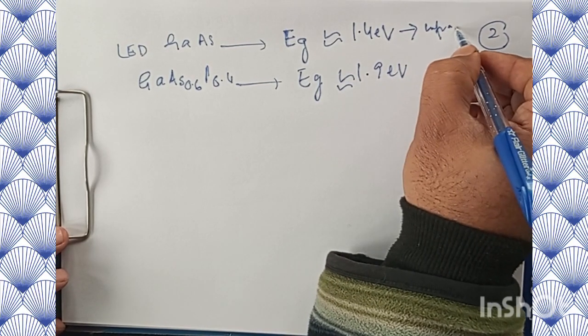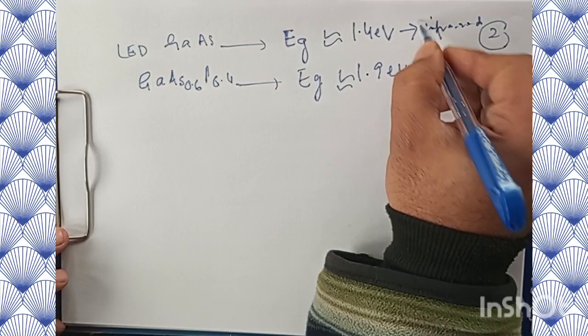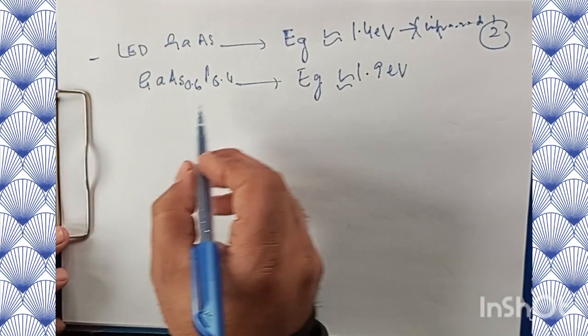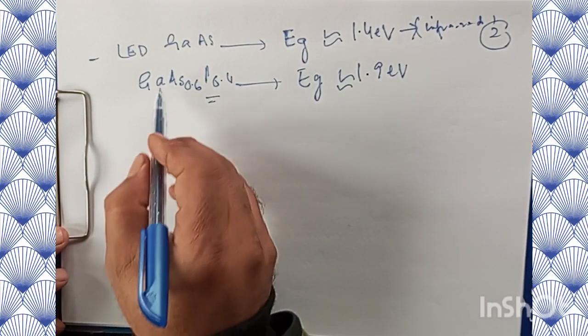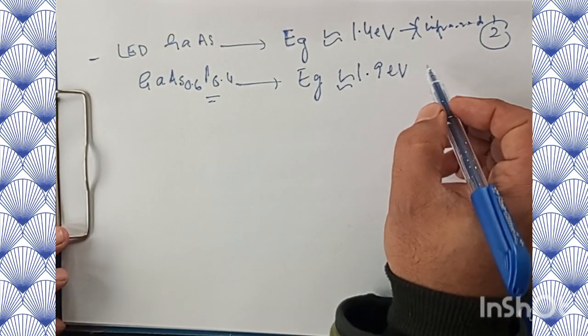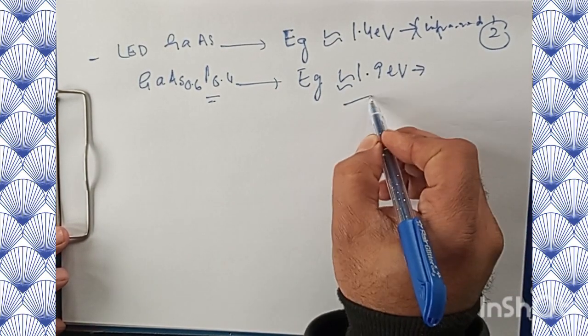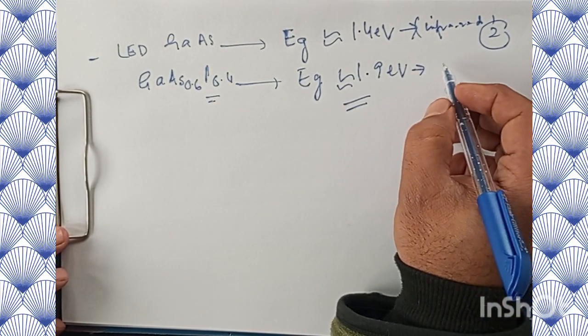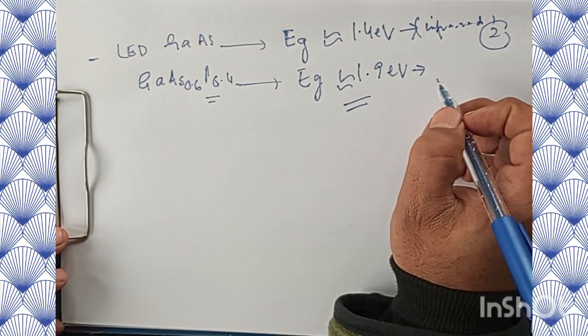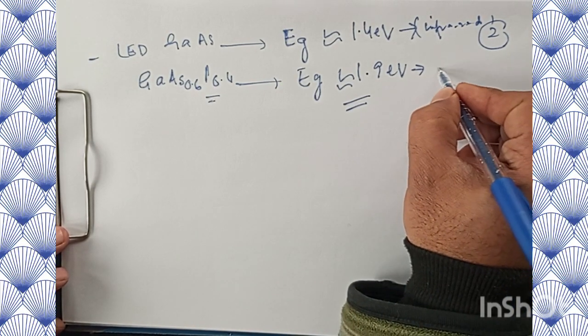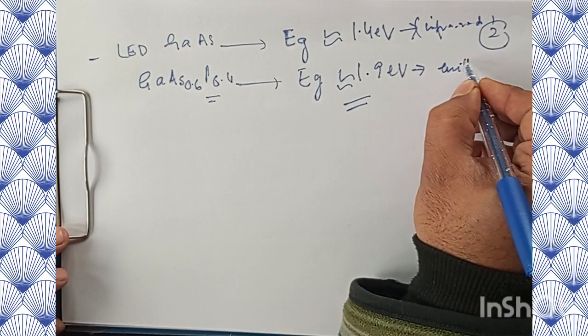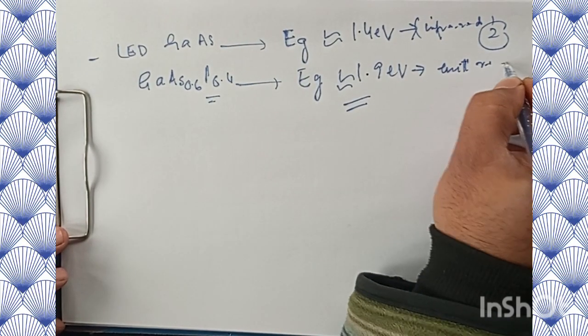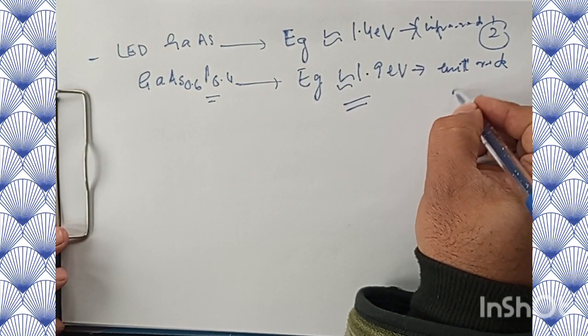So you're going to get the heat from this compound, but when you add phosphorus in the right proportion, you have the band gap of 1.9 electron volts, and in this case it will emit red light.